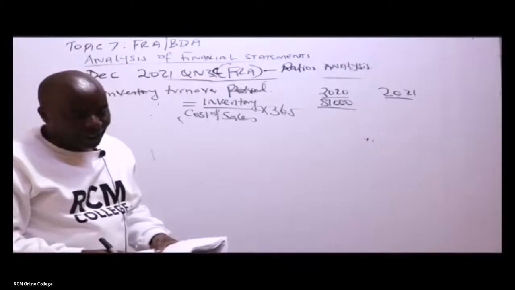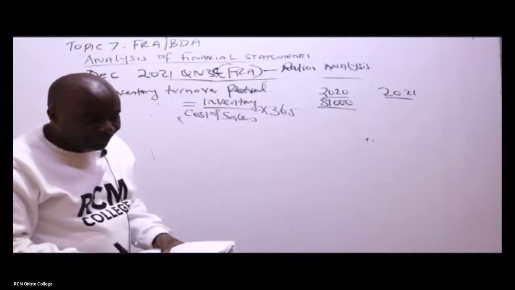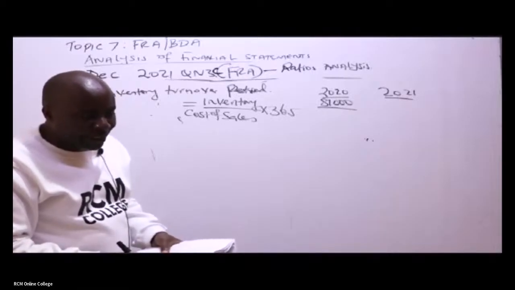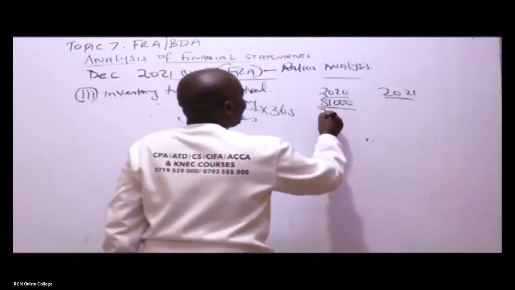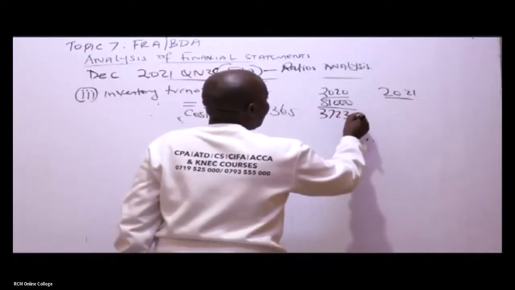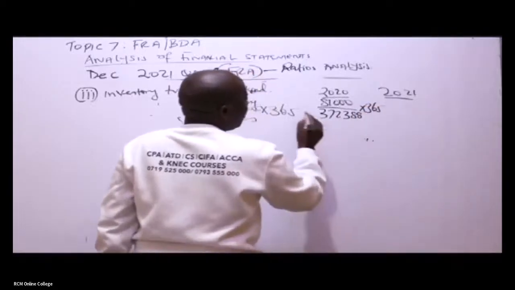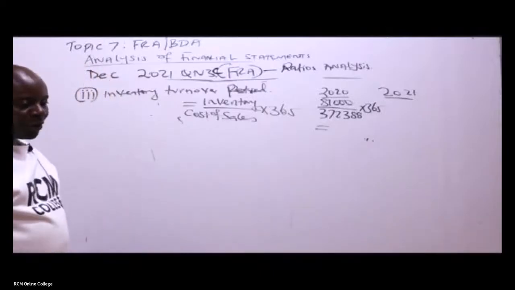You must write it down for me to see. Yes, you will be able to get it. 372,388 times 365 days. Could you kindly give me this inventory turnover period?